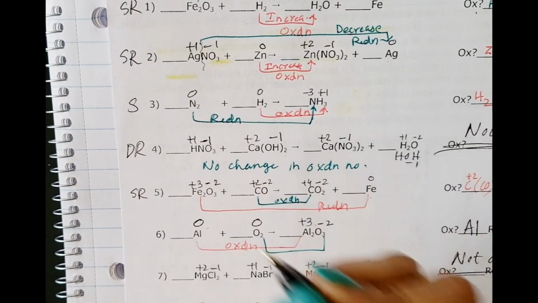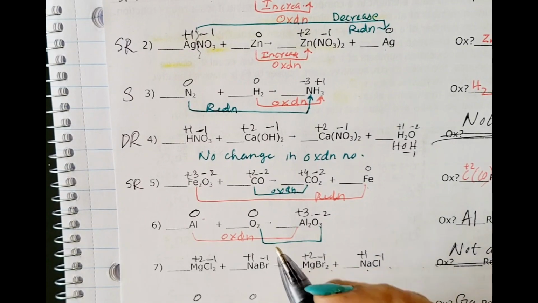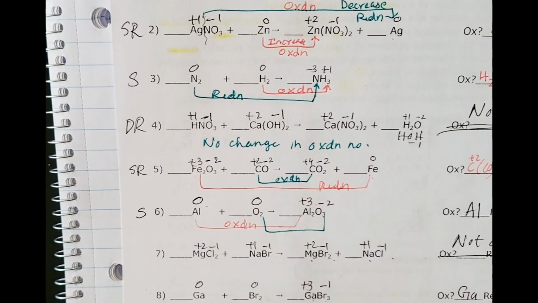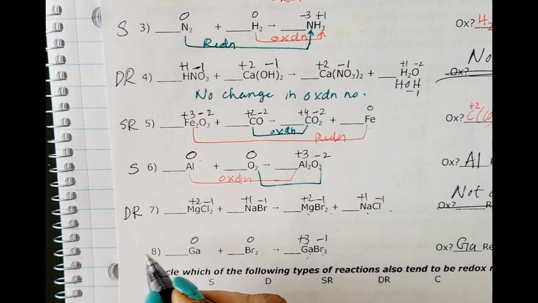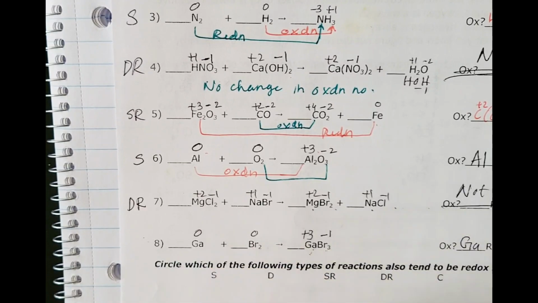So I will go with single. That's not a completely single replacement, but you can write it like that. It's a replacement. Okay. This one, combining: synthesis. And this will be double. And this will be combustion.